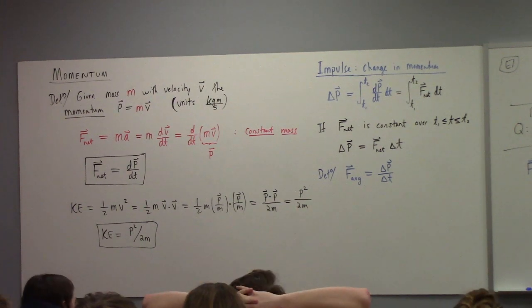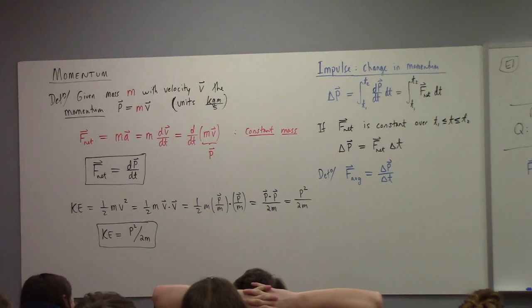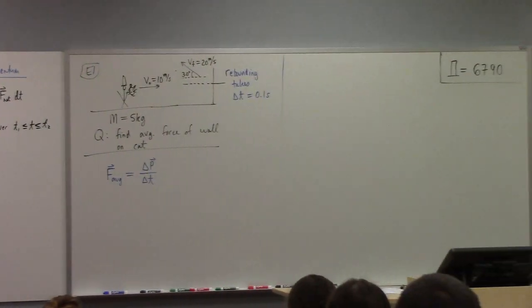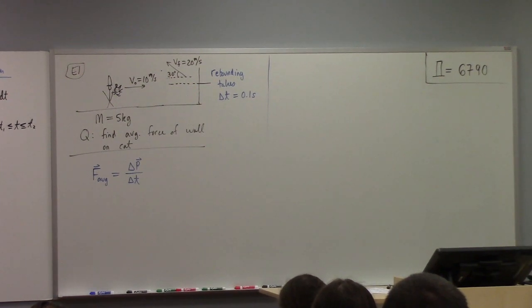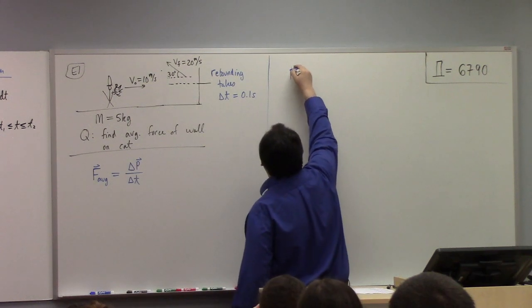What's the initial momentum? It's that one. No trigonometry required there, right? It's horizontal. P0 is what? I heard 50 kilogram meters per second, 0, right? Yeah, gravity's got nothing to do with it.